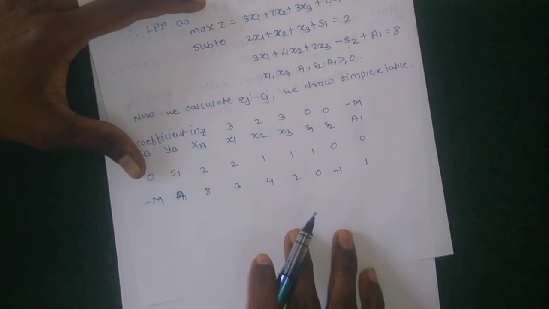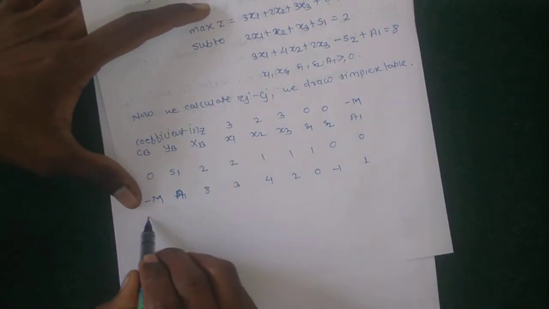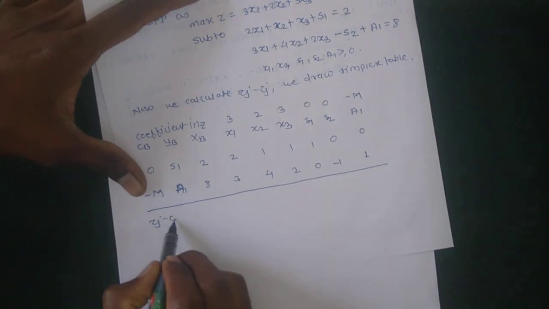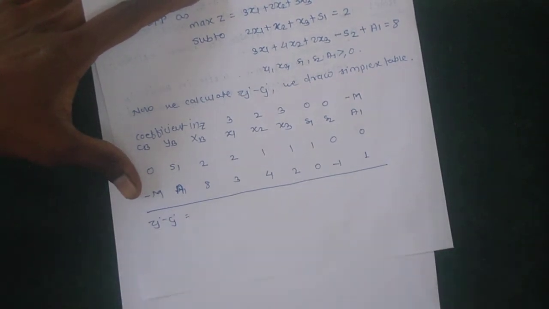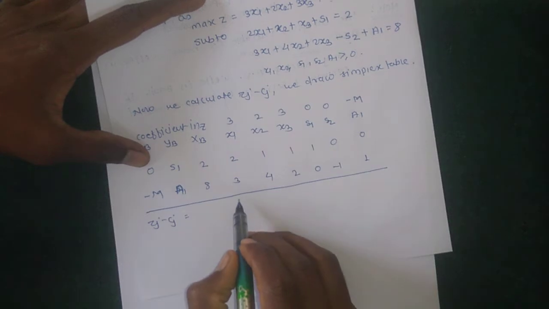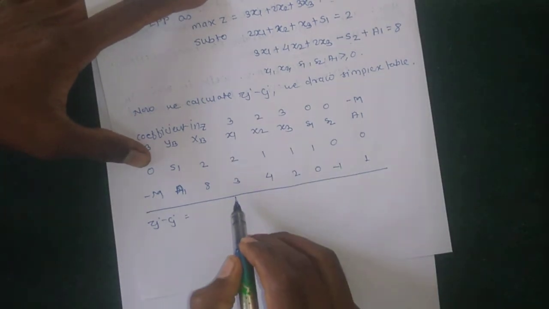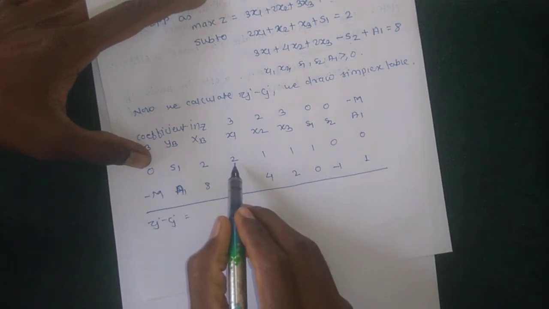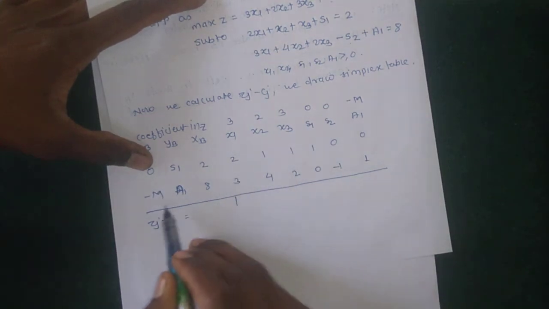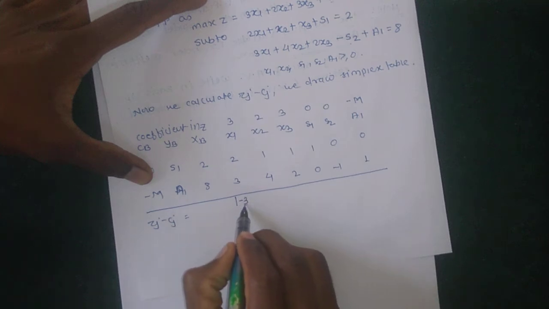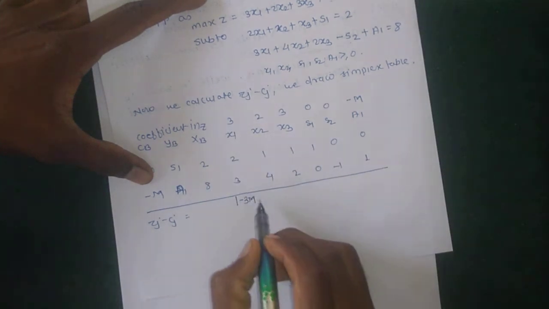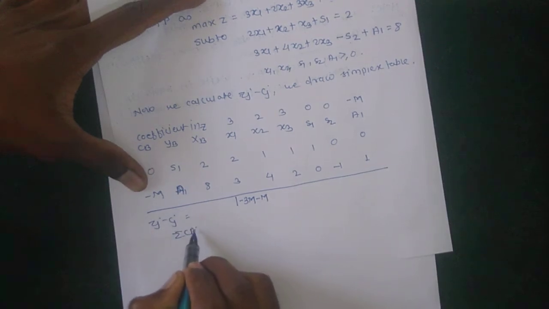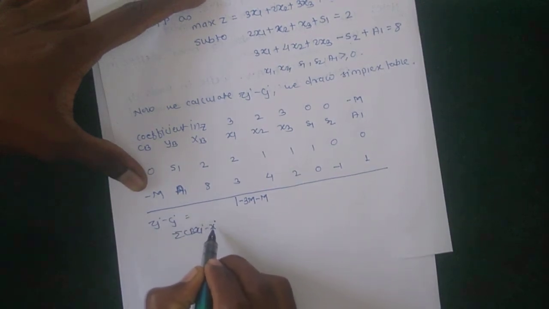Now we have to find Zj minus Cj. So Zj minus Cj for the x1 column: 0 into 2 is 0, and minus 3M, and minus 3. How do we find it? CB times xi minus Cj.